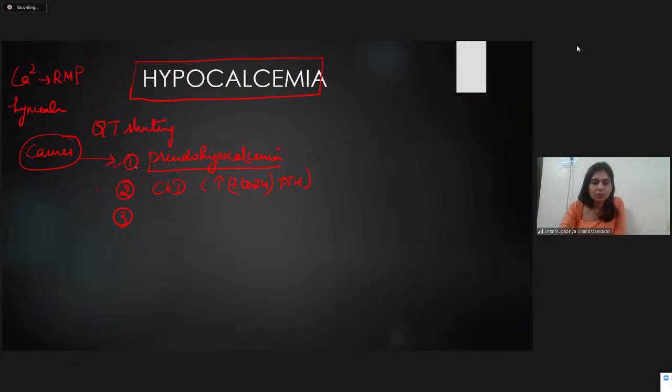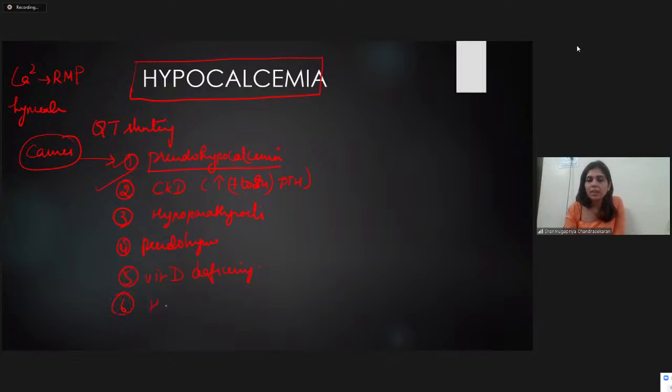And apart from these two common causes, the rest of the causes I would say are not that common. And what are the other causes? As you all know, it is hypoparathyroidism, which is true hypoparathyroidism. So hypoparathyroidism, pseudohypoparathyroidism, vitamin D deficiency. What did I tell you about vitamin D deficiency? I said mostly calcium will be normal or at least low normal. So vitamin D deficiency.